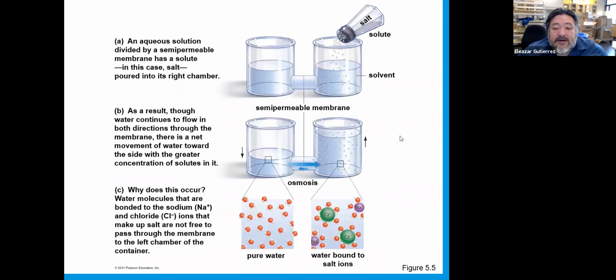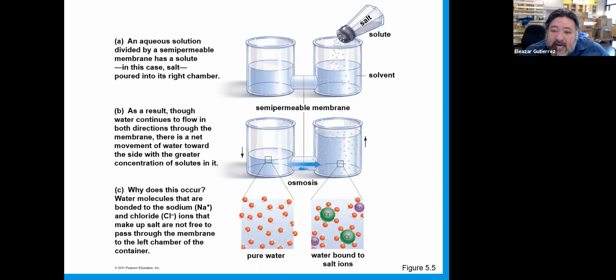So here we're going to demonstrate what happens when you put a solute. What we have here is two beakers, and in the middle we put a semipermeable membrane. That means this membrane is permeable to water, but not salt.